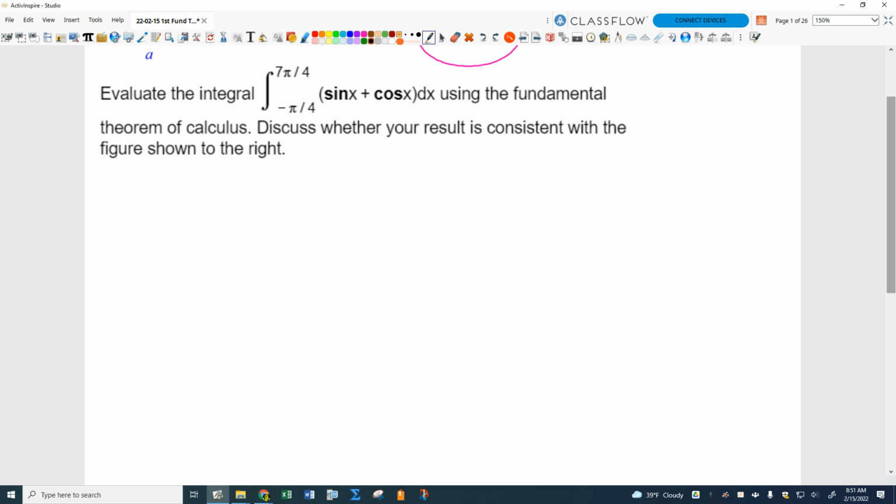We'll flip them around. One thing we could do here is split this up and integrate term by term, right? So we could rewrite this as the integral of sine x dx over our limits of integration plus the integral of cosine x.